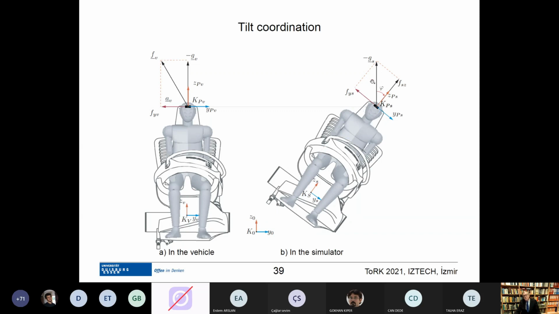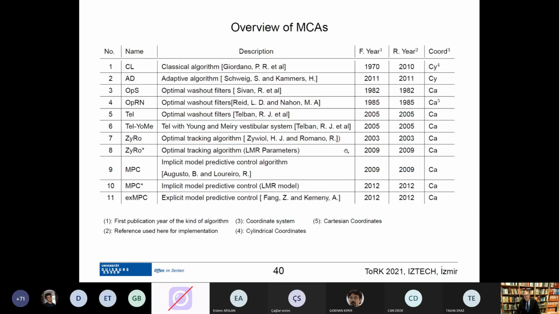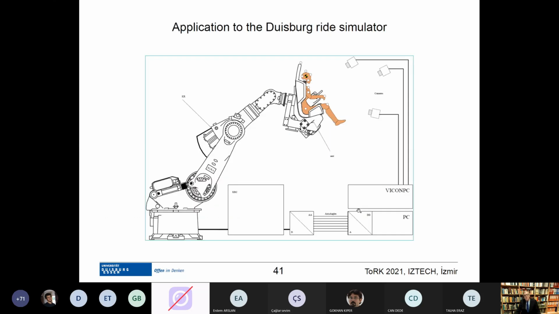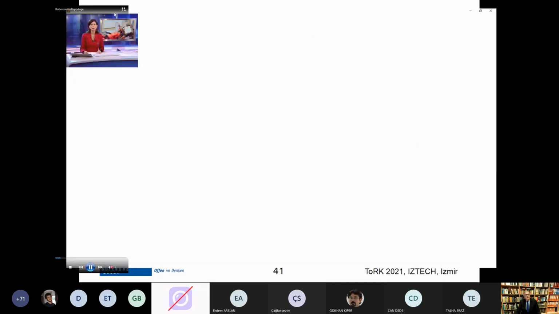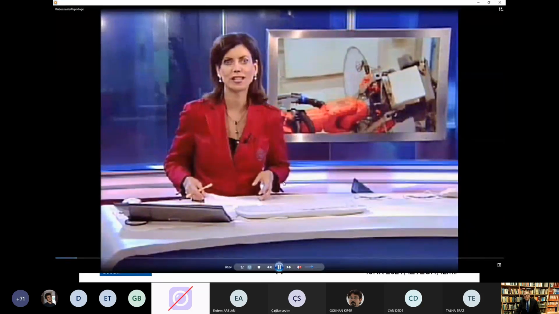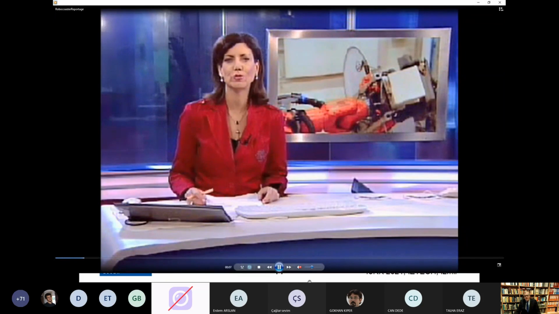If you use this properly, you can give the person the feeling that he is accelerating in this direction. But if you rotate too fast, this will not work because you have the feeling that you are rotating. There is a lot of work on these so-called washout algorithms, and it's interesting that it's still research going on. We apply this to our robot in our lab.